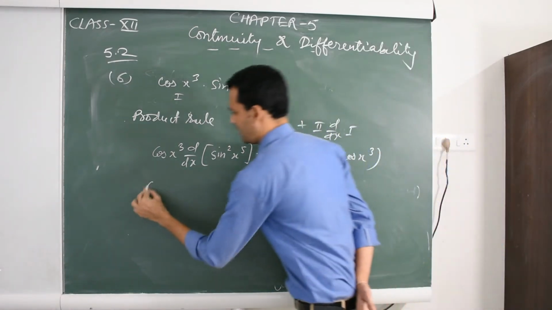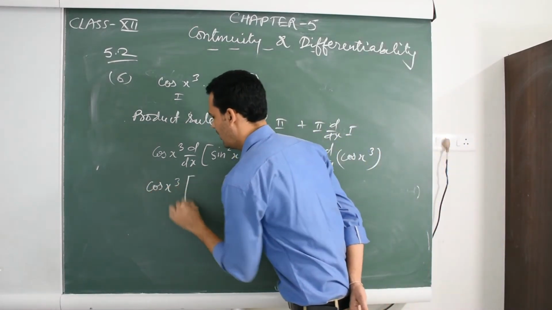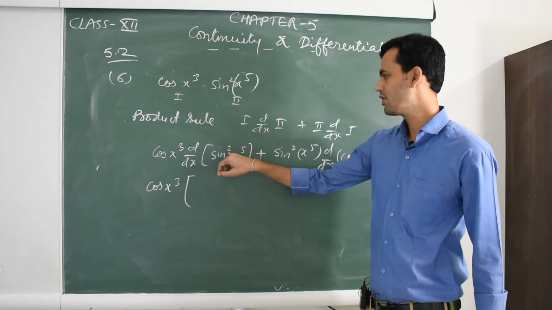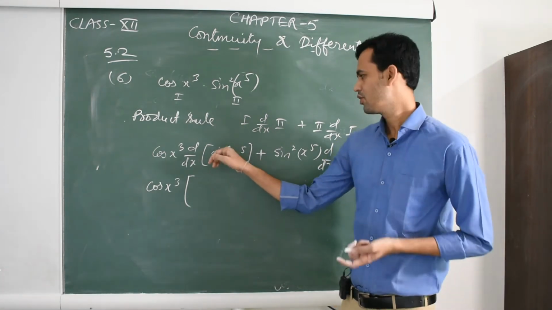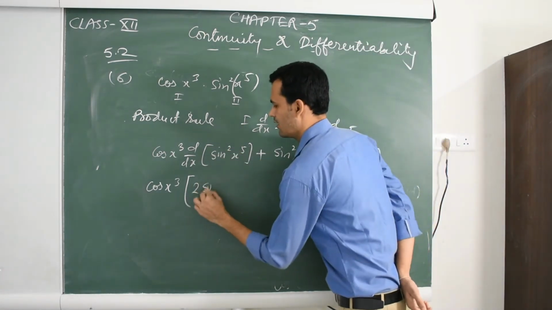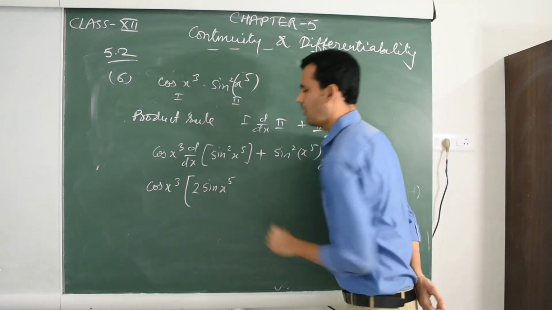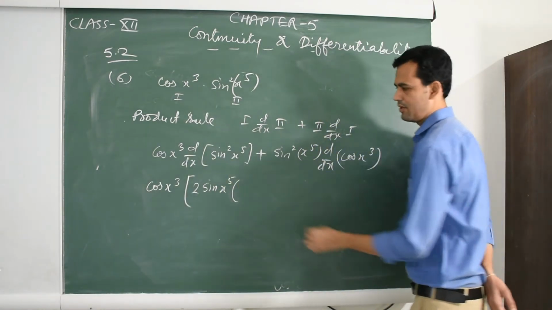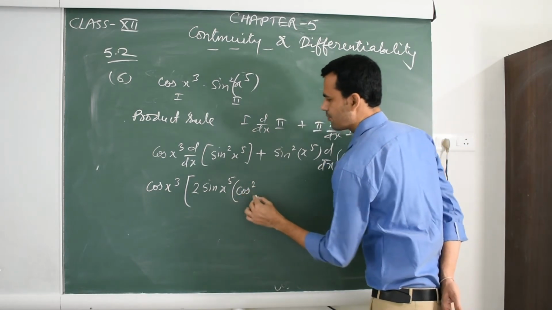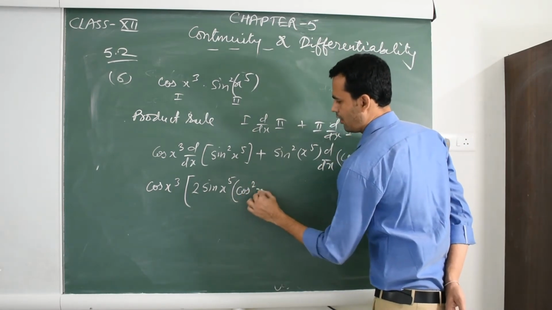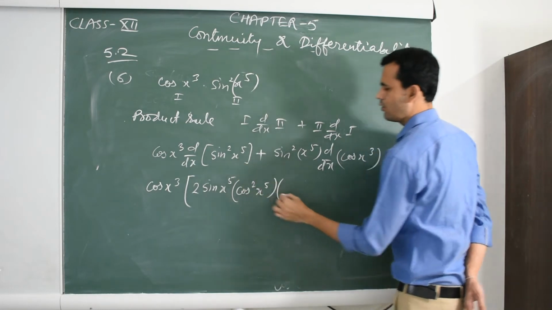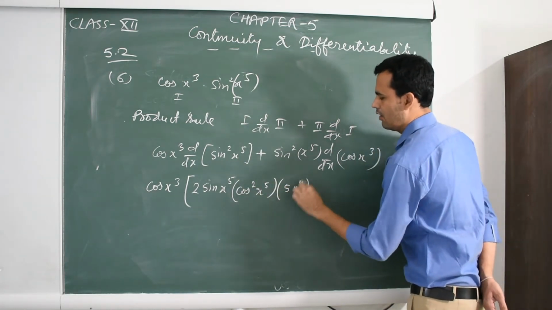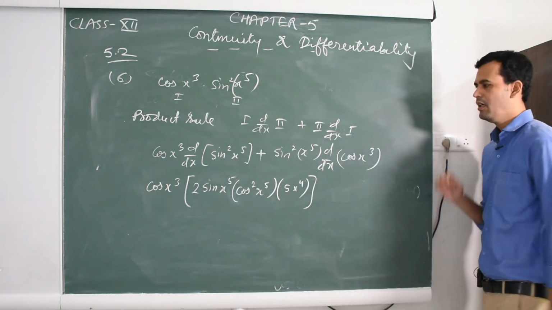So first as it is, cos(x³), differentiation of this. First we differentiate this power, so we get 2 sin(x⁵). Then differentiation of this sin is cos(x⁵), and differentiation of x⁵ is 5x⁴.